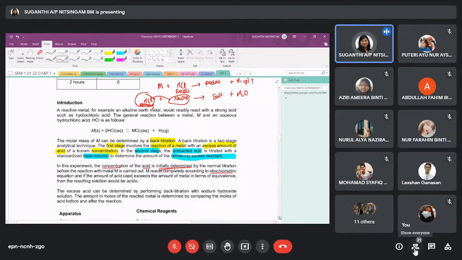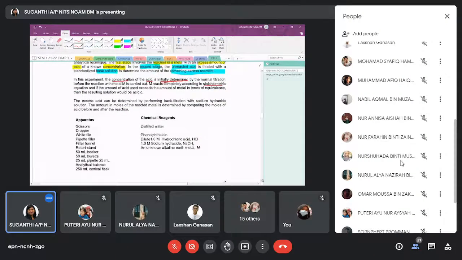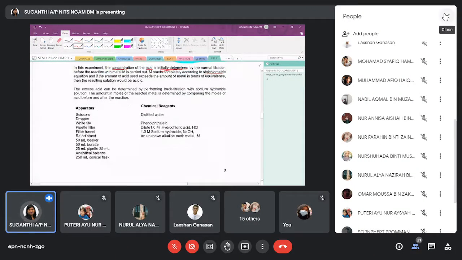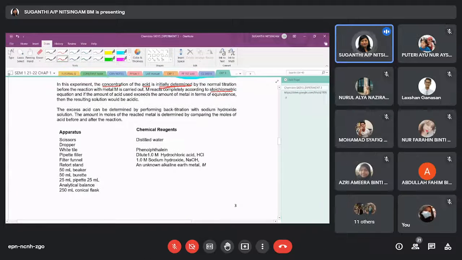Okay, now let's have a look at our reagents. Okay, this is our reagents, which is distilled water, phenolphthalein, dilute 1 molar HCl, NaOH, and an unknown alkaline metal.